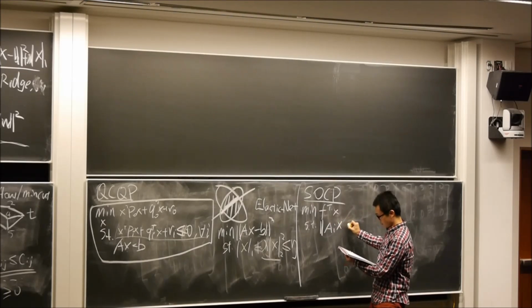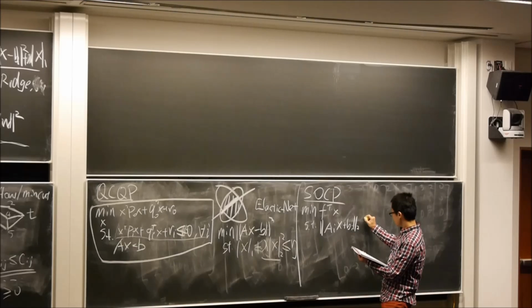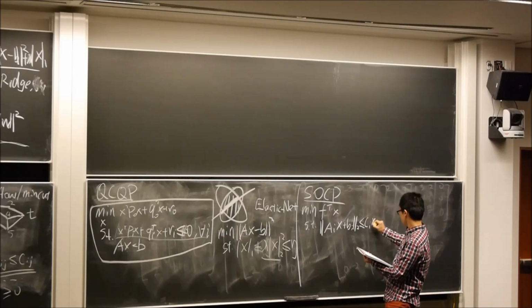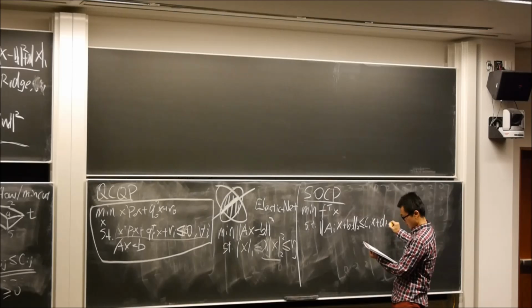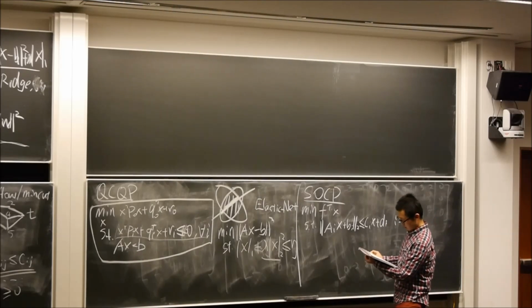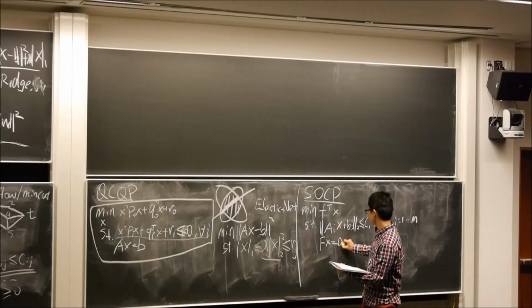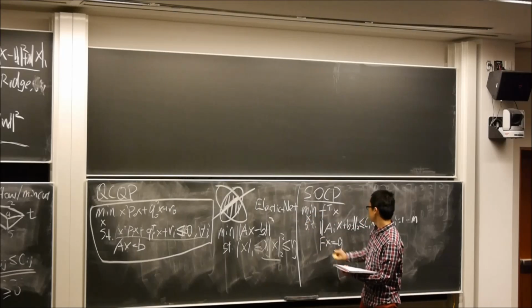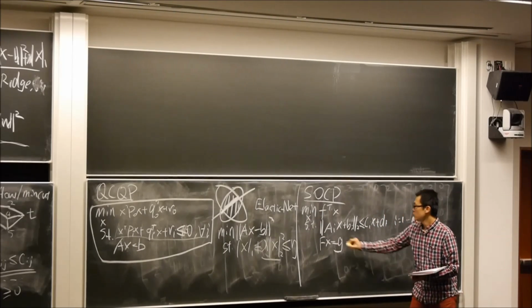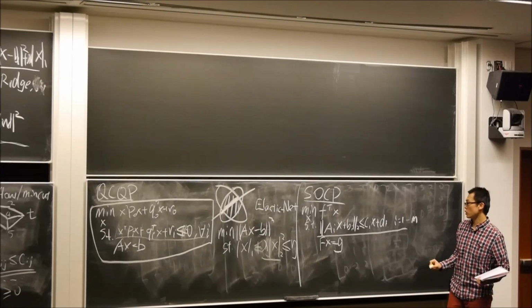So we have a norm here. This is the key of second-order cone programming.